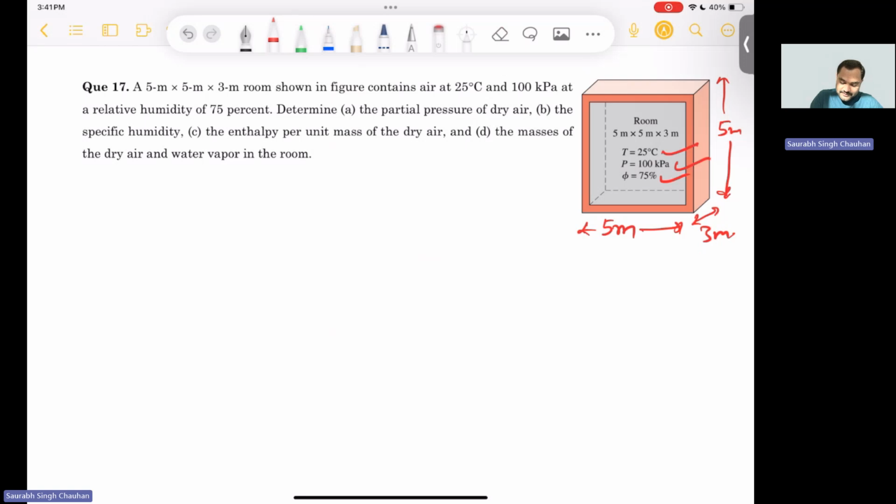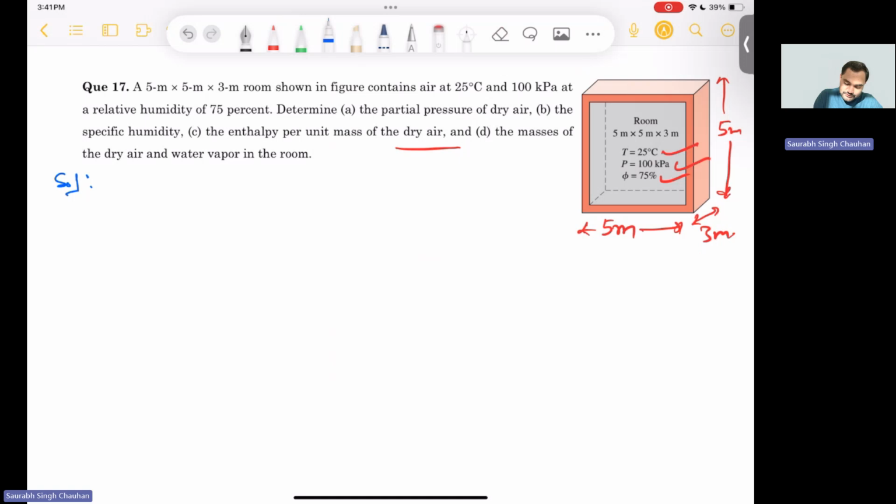We have to find the partial pressure of dry air, specific humidity and enthalpy per unit mass of the dry air, and the masses of dry air and the water vapor in the room. We have discussed similar questions, so this would be easy to solve.